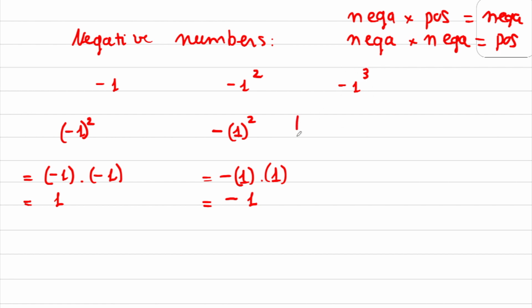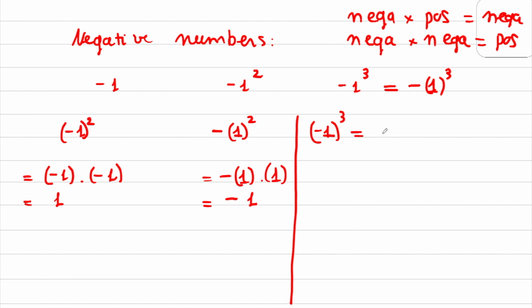Another way, you have -1 cubed. For this writing, I understand that this will be equal to -1 inside the bracket, only 1 inside the bracket, and cube like this one. And another way to understand this cube for negative number, you will have -1 inside the bracket and the cube will be outside like here.